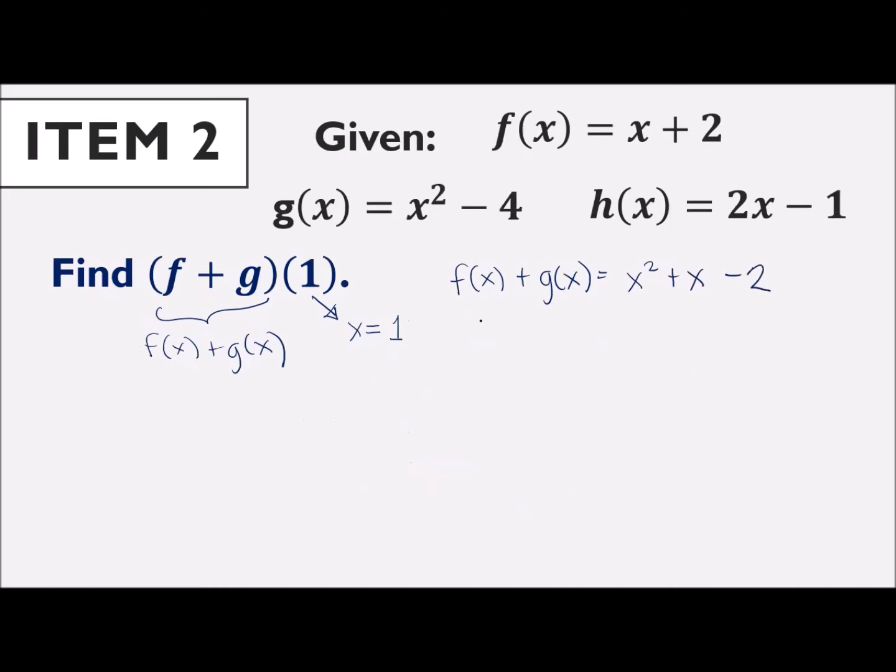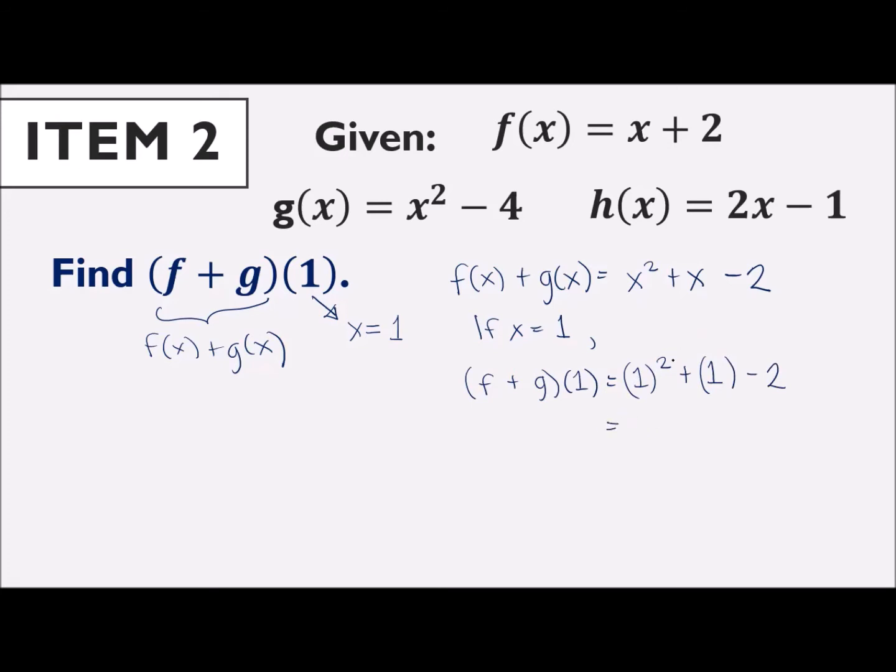Given that if x is equal to 1, it shows that we need to substitute 1 on all the values of x. So, mangyayari na, magiging f plus g of 1 na tayo. Lahat ng x palitan ng 1. Okay, so yan yun.